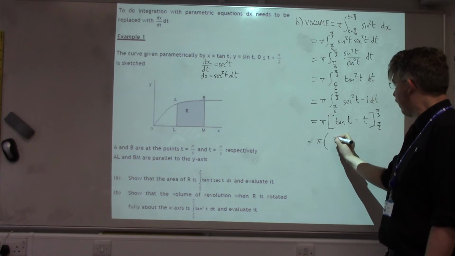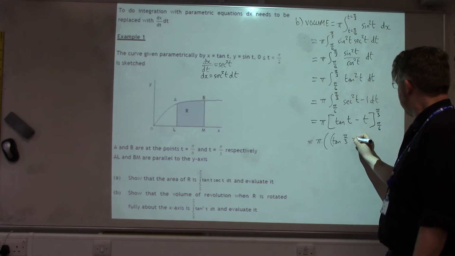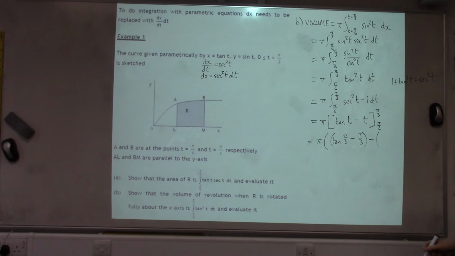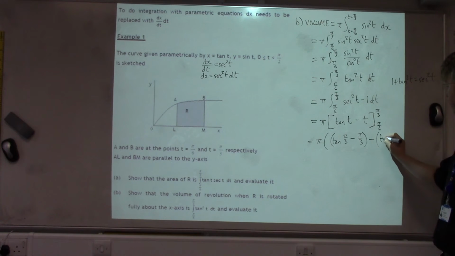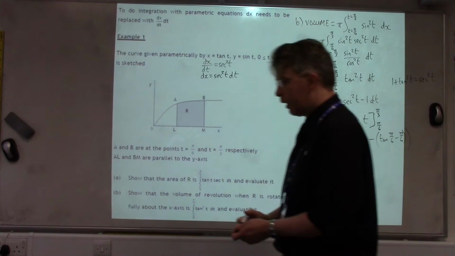So we've got tan pi over 3 minus pi over 3, take away, make sure you've got all the brackets in, tan pi over 6 minus pi over 6, equals pi, open bracket.